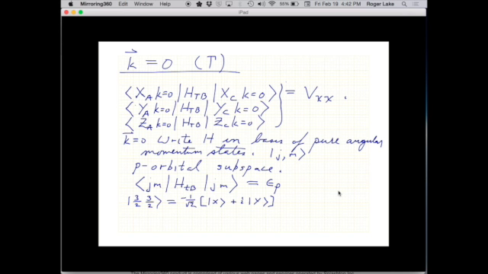The 1 over root 2 times itself gives you a 1/2, and each x H x is EP, y H y is EP, and 1/2 plus 1/2 is 1. So you just get back your EP, because they're all normalized linear combinations of the p states. So the diagonal elements you get from the tight binding part are exactly what you had before.